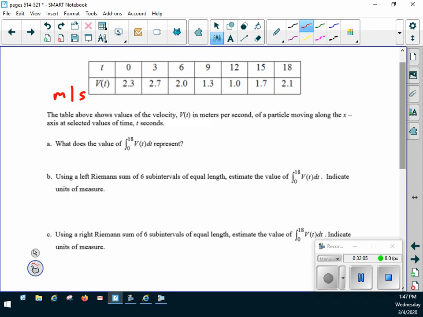What I would say, this integral is the net distance, because by definition that is net distance, right?